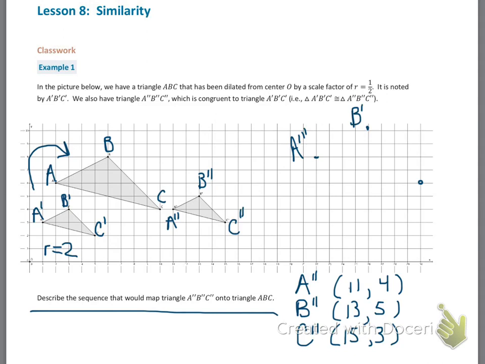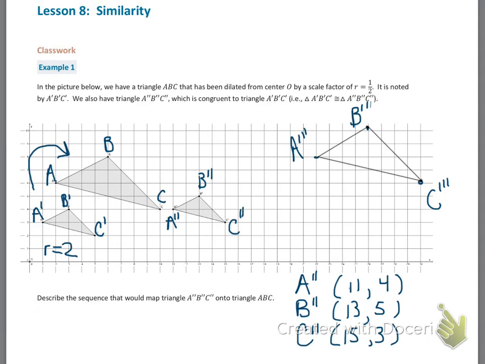And then down here is C triple prime, and its coordinates are 36. Using what we know about coordinates, let's go ahead and connect our vertices of this triangle. And there is the dilated triangle.